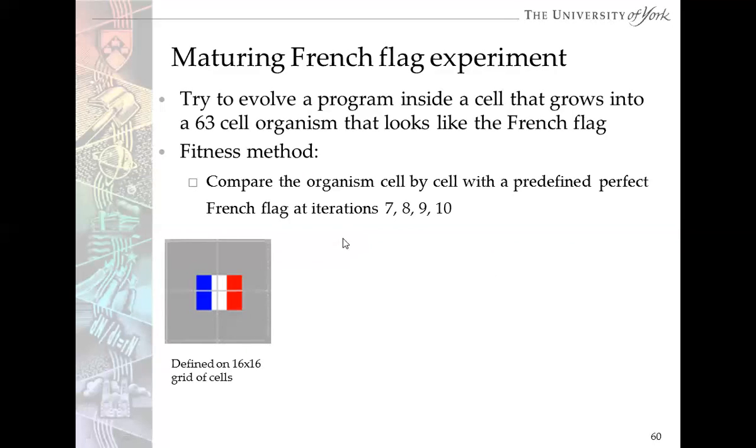So for the fitness method, we compare the organism cell by cell with the predefined perfect French flag at these 4 consecutive iterations. So what I want is a program that takes one cell, which is a small element of this picture, and it grows, and it looks like a French flag at iteration 7, and the same French flag at iterations 8, 9, and 10.